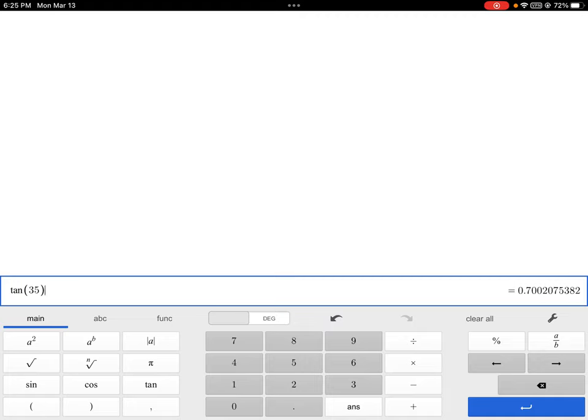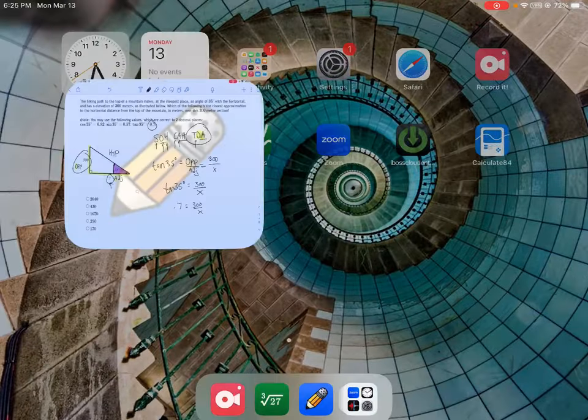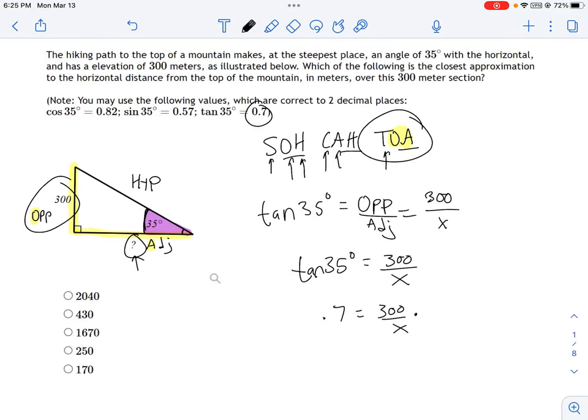If we round that off, you end up at that 0.7, and that's why the decimal approximation works. If we solve for x, it's in the denominator of a fraction. Fractions are division, and we undo division with multiplication. So both sides multiply by x, the x's on the right simplify, and you get 0.7x equals 300.